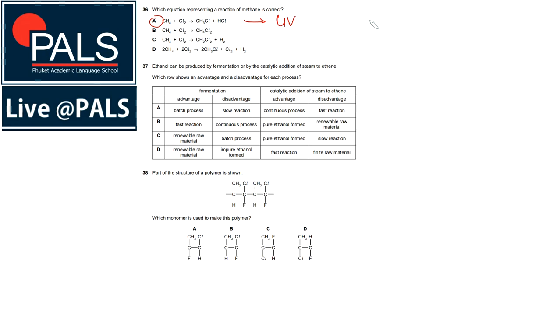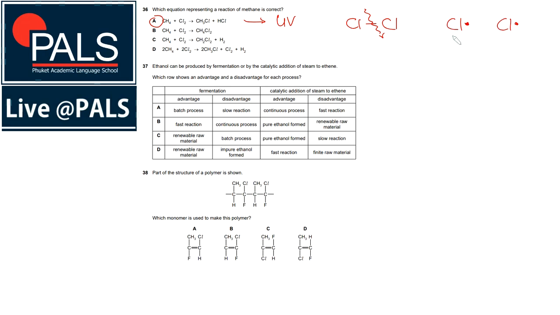What the UV light does, it has enough energy to break the covalent bond between two chlorine atoms, which will produce two chlorine radicals. A radical is an atom or molecule that has a single unbonded lone electron, and this makes these extremely reactive.